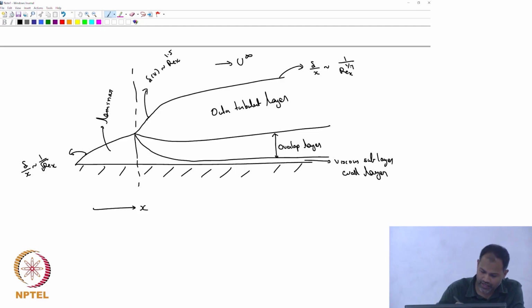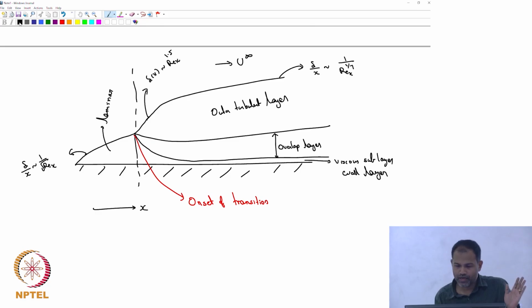So this is really the onset of transition. This is the structure of the transition from laminar to turbulent flow in a boundary layer.